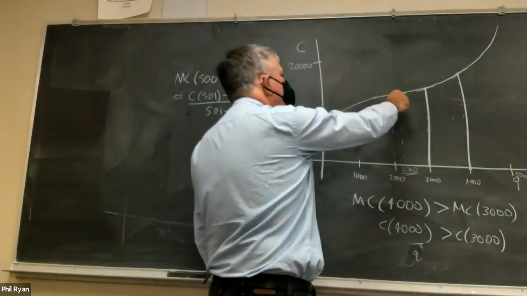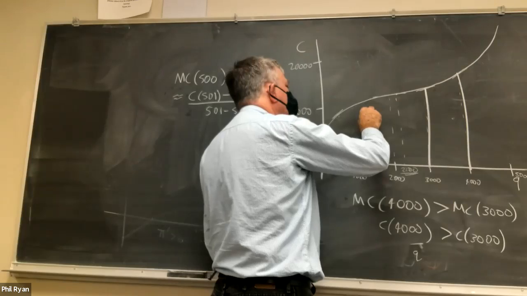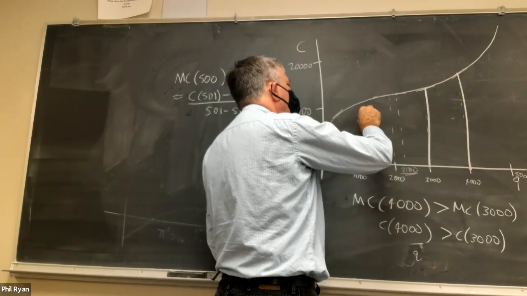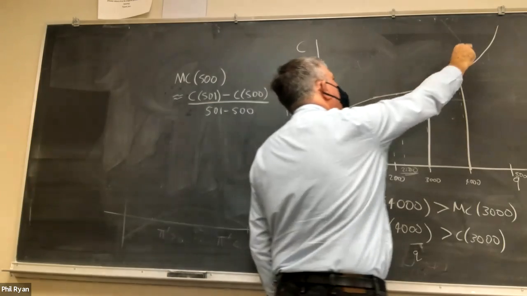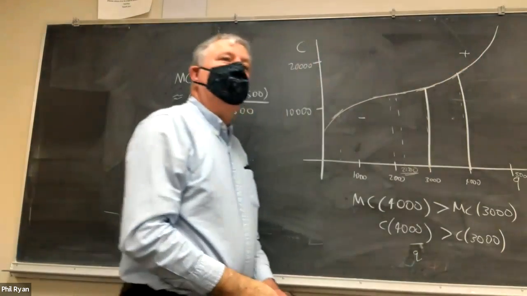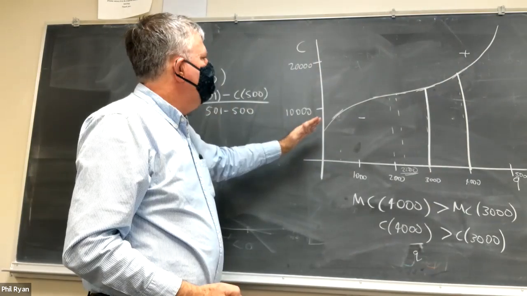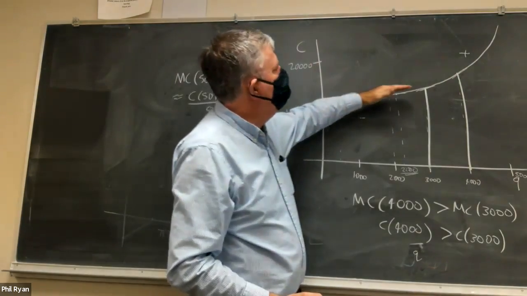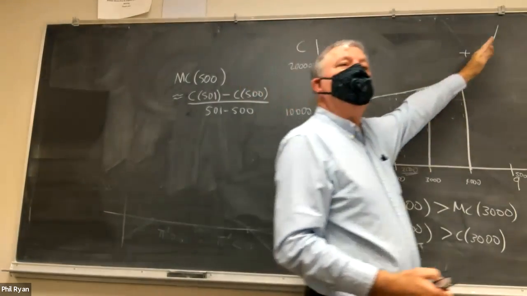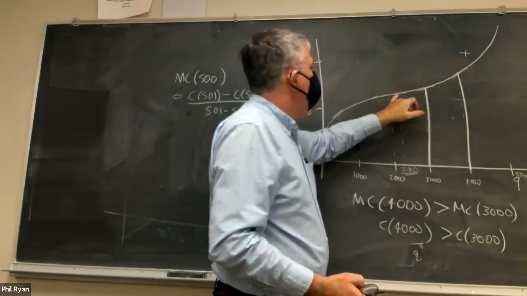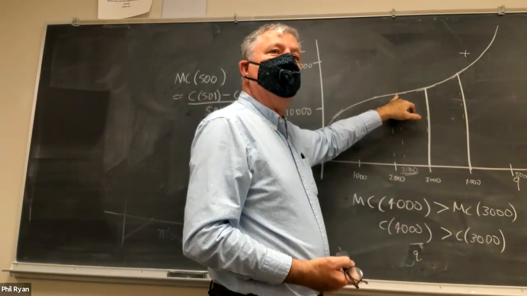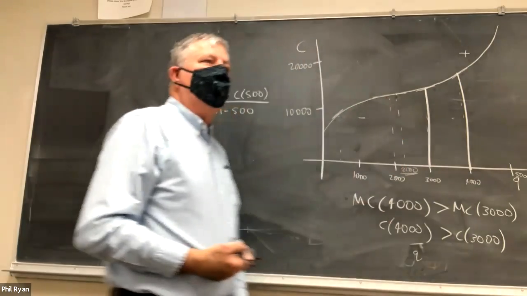Yeah, that's the inflection point where it starts to go from concave down to concave up. So the marginal cost is decreasing, decreasing, decreasing, then increasing, increasing, increasing. So that there is the sweet spot where the marginal cost is lowest.